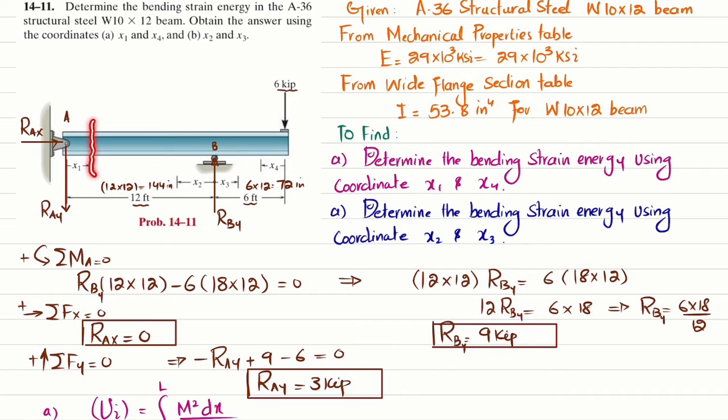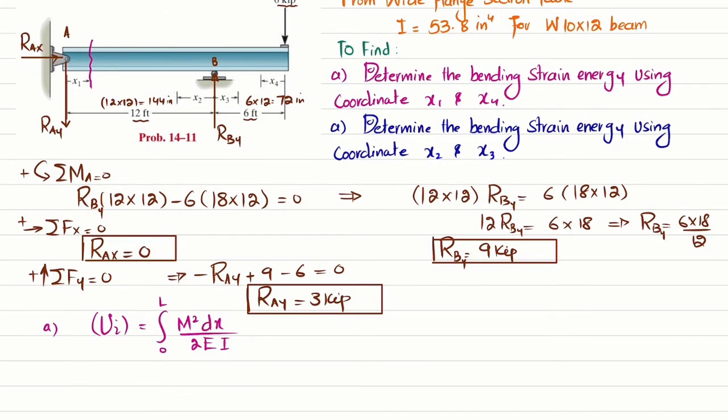For x1, we will cut the beam over here and draw the free body diagram. Here you can see you have RAY, which is 3 kips. This coordinate has length x1, and when you cut it you will have a shear force V1 and a bending moment M1. This is your point 1.